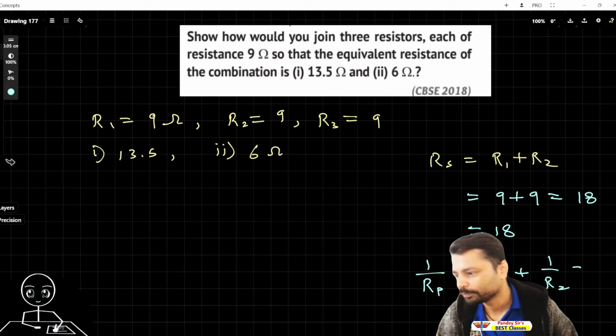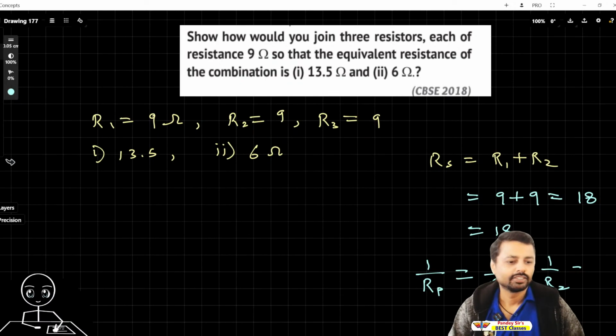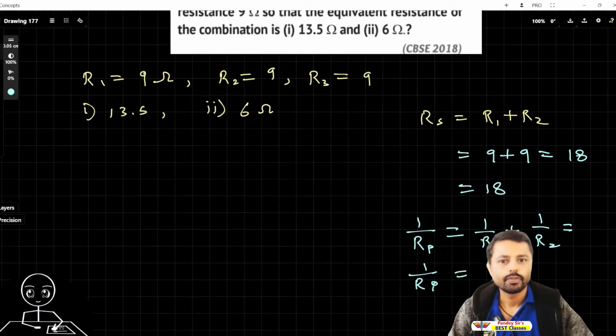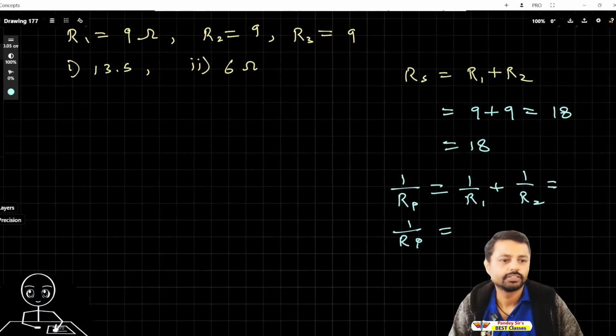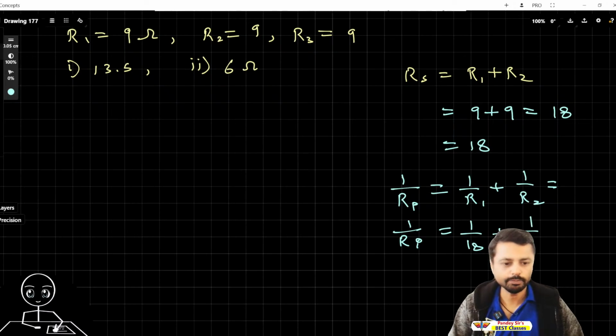Yes, hello students. So let's just add them. 1 by Rp equal to, what is R1? 18 and the other one is 9. 1 by 18 plus 1 by 9. Okay.